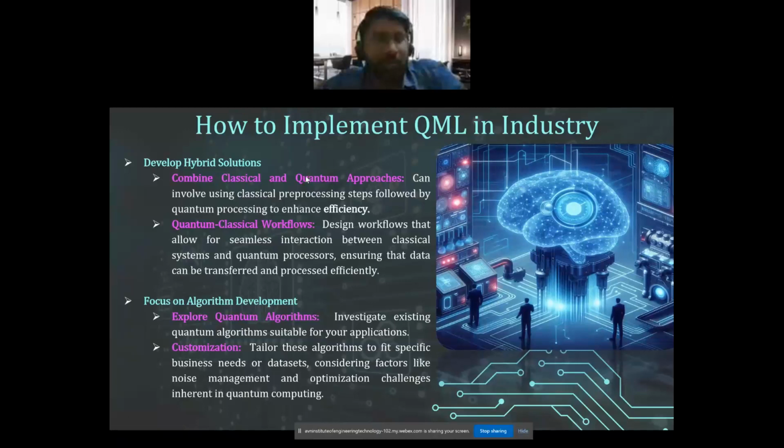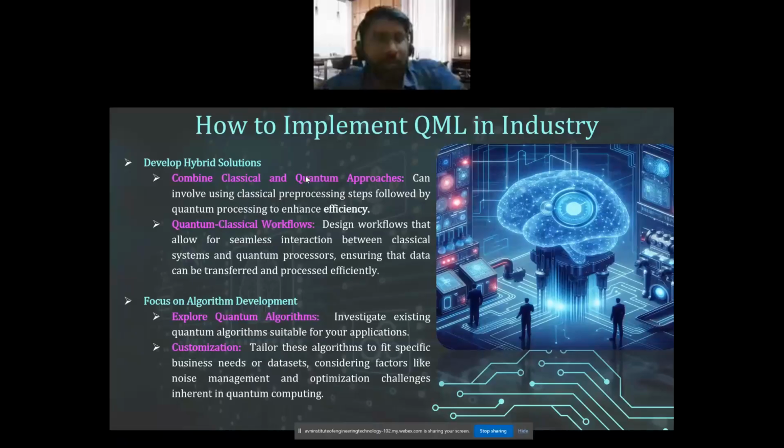And then for the quantum-classical workflow, we need a workflow with very seamless interaction between the classical systems and the quantum systems, so that data can be transferred and processed efficiently. When we go for hybrid solutions, we need both quantum and classical computing, so we need an interface between them, and that interface needs to be seamless.